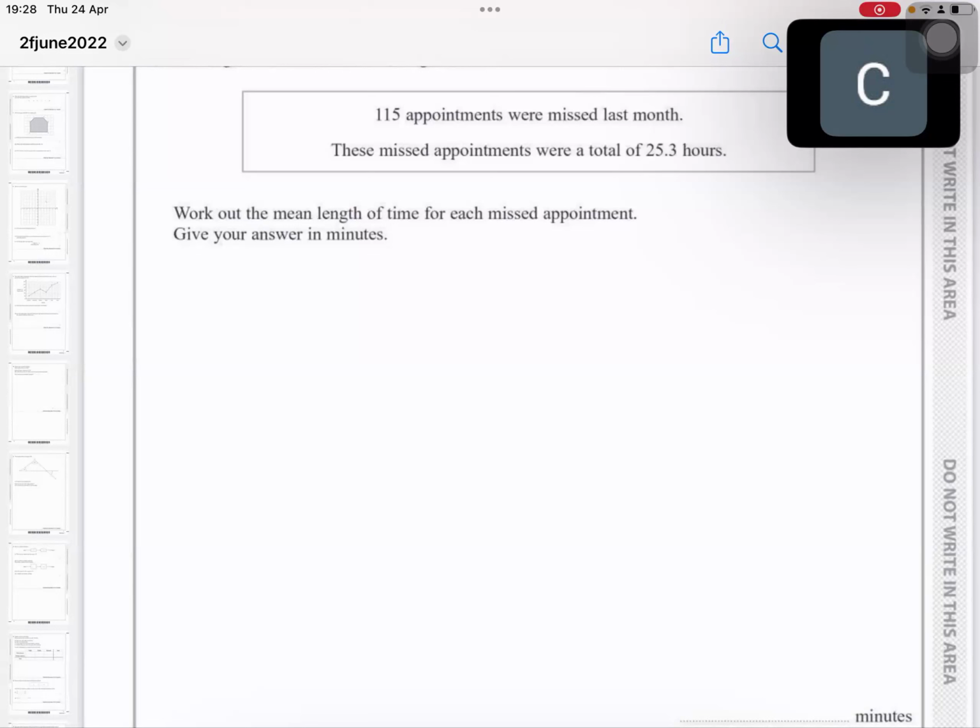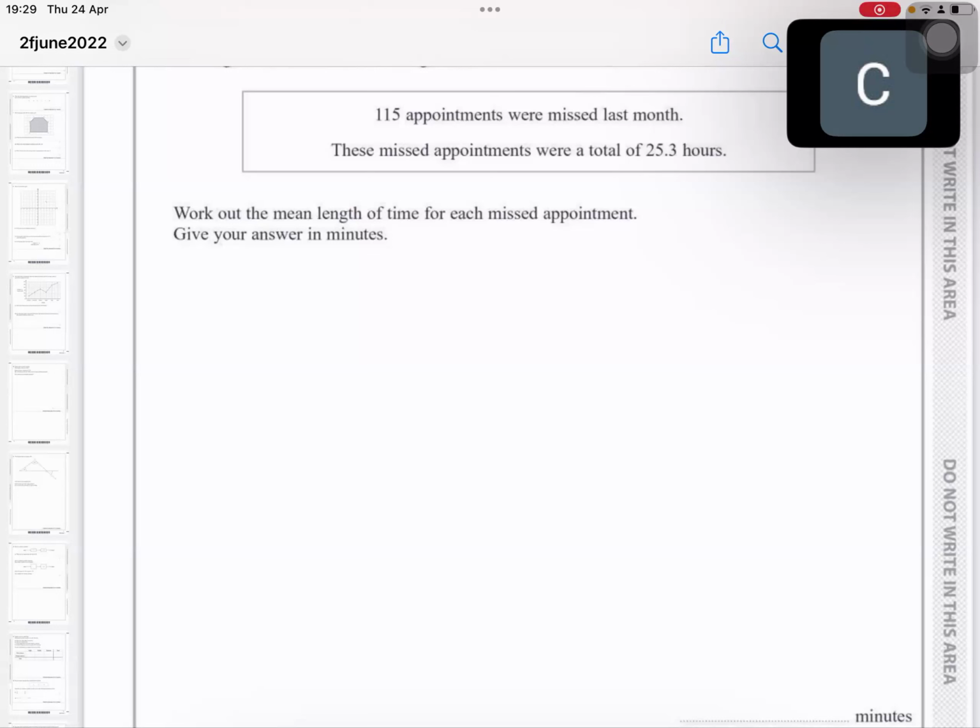So if you multiply 25.3 by 60, what would you get? 1,518. Okay, now divide 1,518 by 115. What do you have? 13.2.